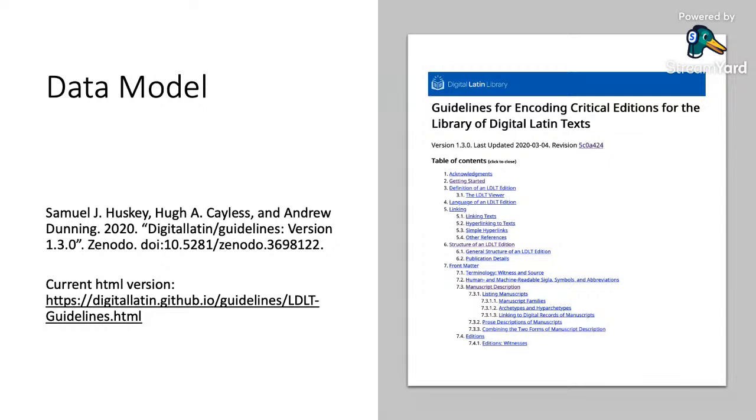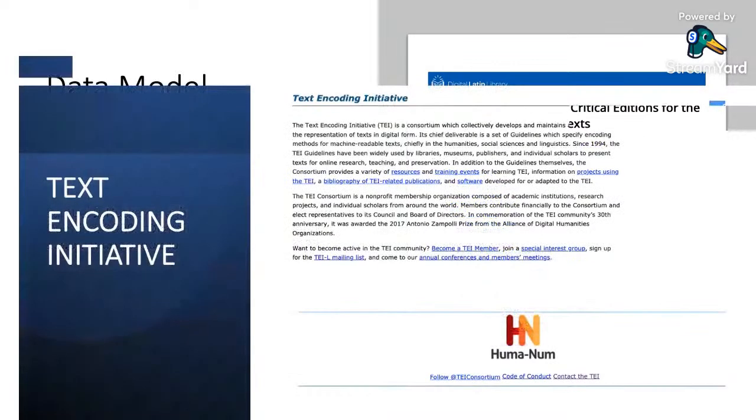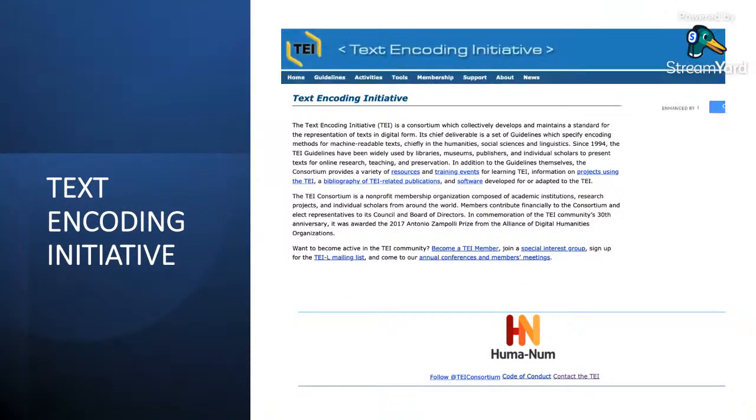And it's, of course, not a data model that sprang fully formed out of our own heads. Using the best practices of linked open data and various other digital humanities methods, we built this data model on an existing model, and that is the Text Encoding Initiative's model for encoding texts in XML.